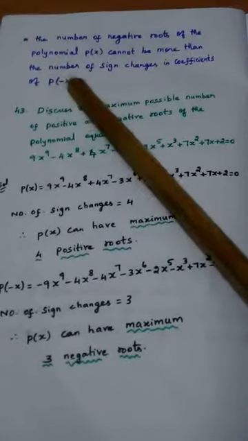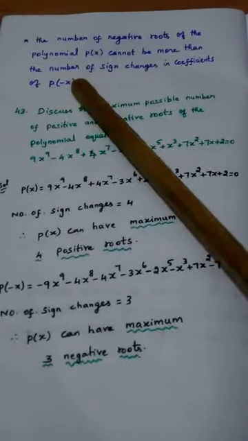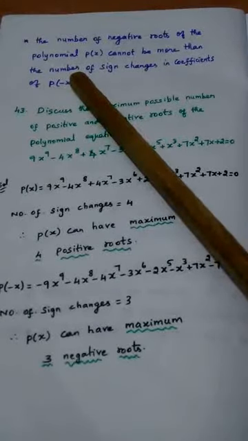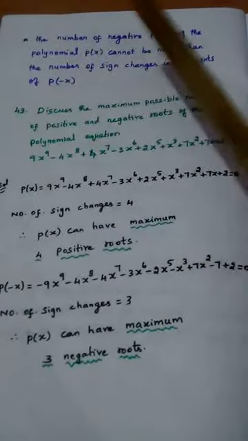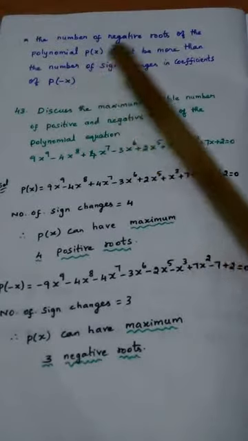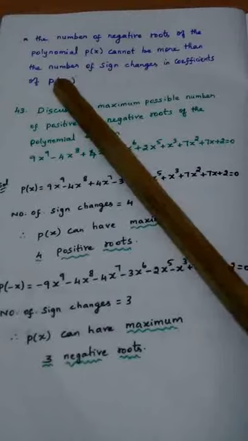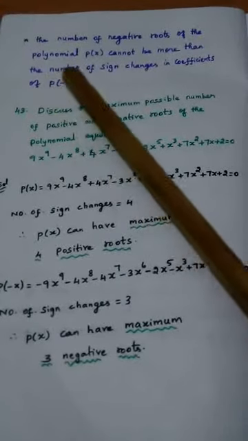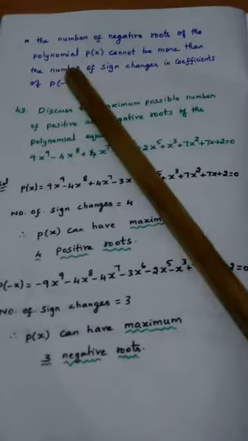What is p of minus x? In p of x, replace x by minus x. Again I repeat, what is p of minus x? In p of x, you replace x by minus x. That is called p of minus x. And find the number of sign changes in p of minus x.